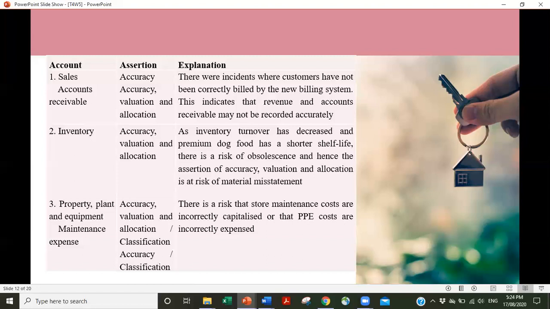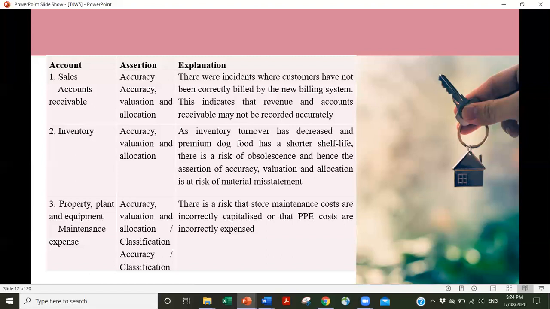And then the third thing is the capital improvements versus maintenance expenditure. So if it's capital improvements, that means it's a balance sheet item. If it's maintenance expenditure, it means it's a P&L item.